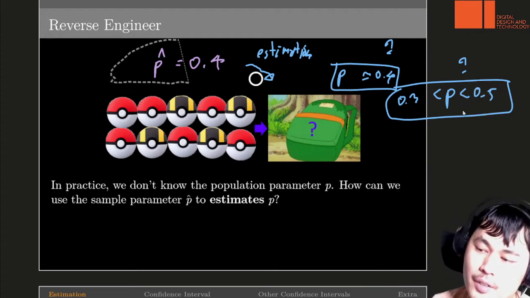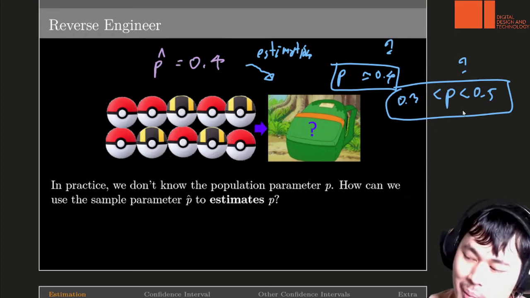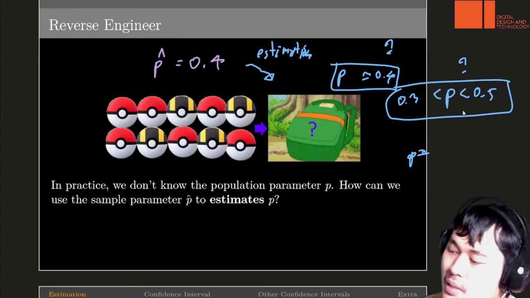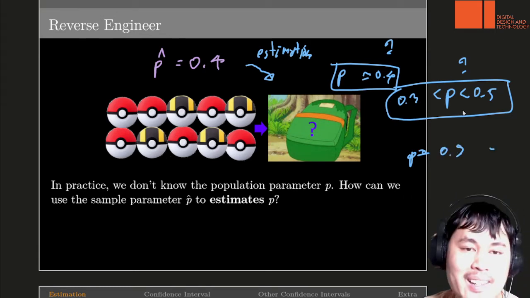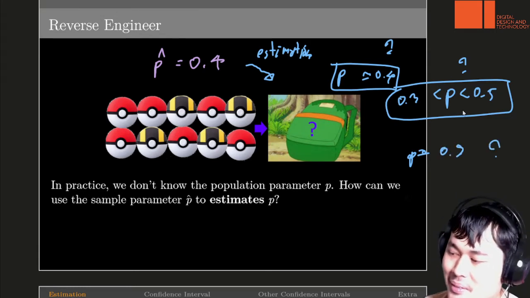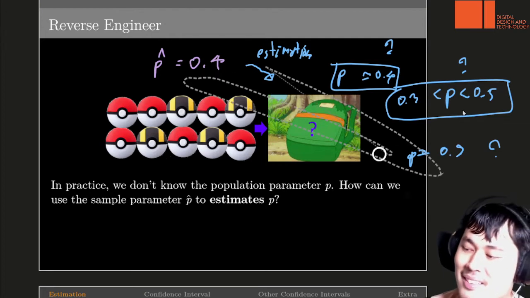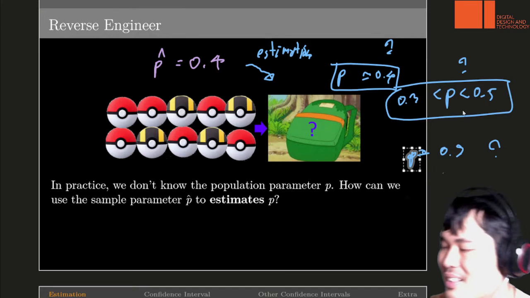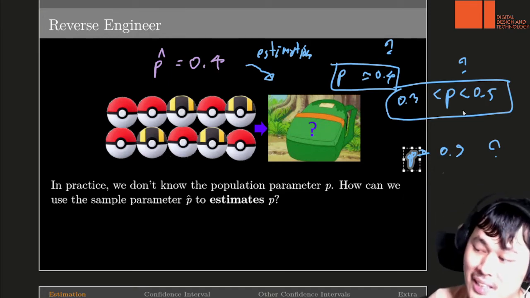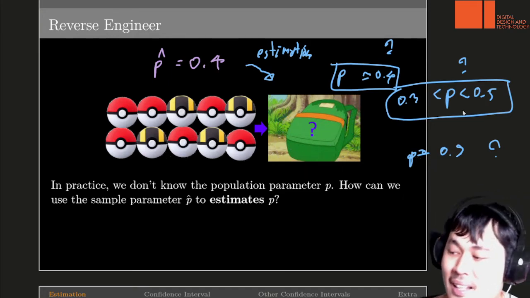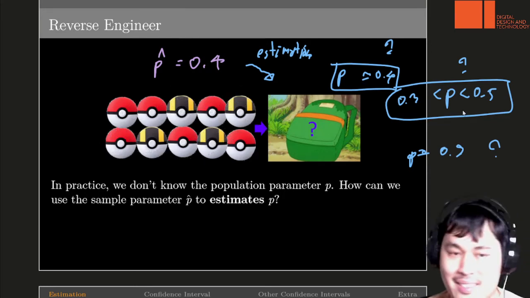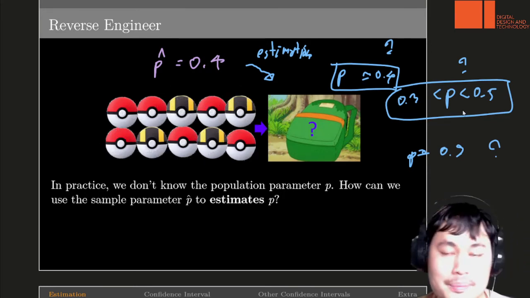Because if I get 0.4 here, nobody is going to estimate the actual population parameter to be 0.9, because it's too far. Also, if 90% of the balls in this bag are master balls, then why would you get only this small ratio?